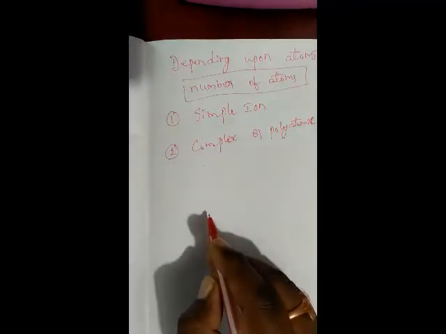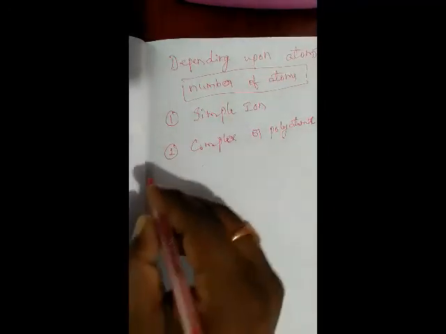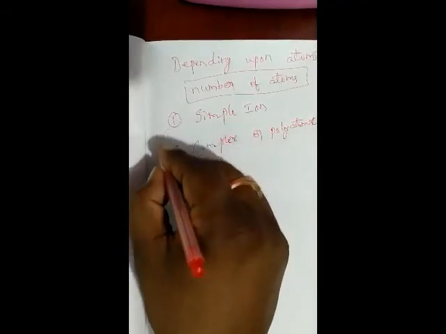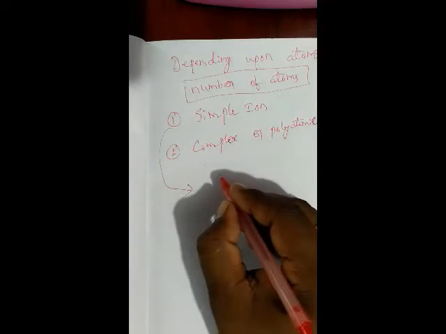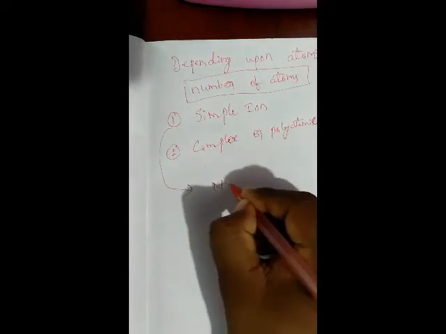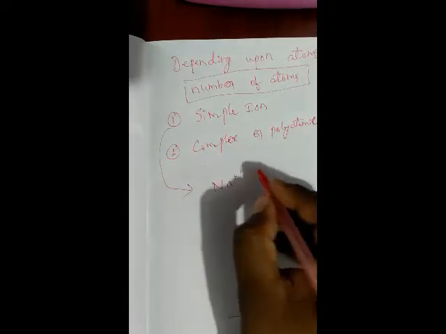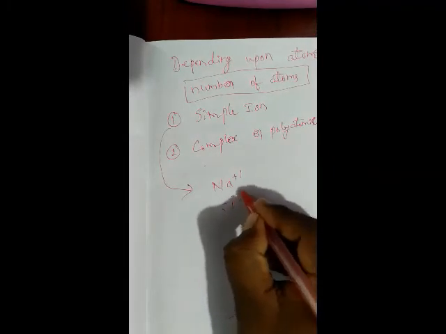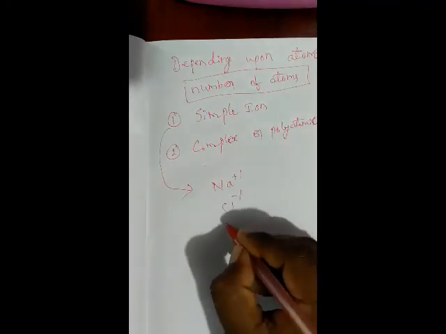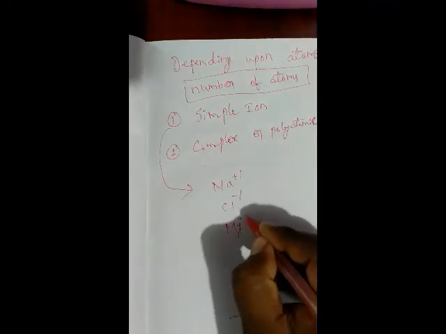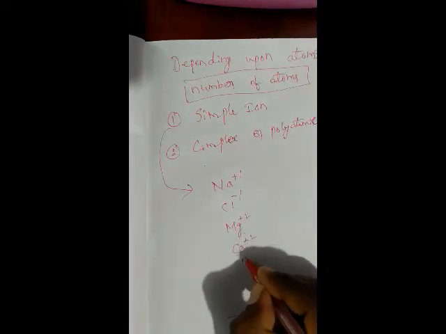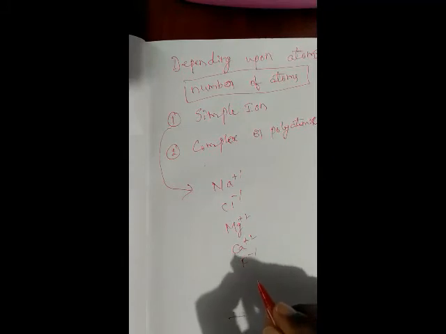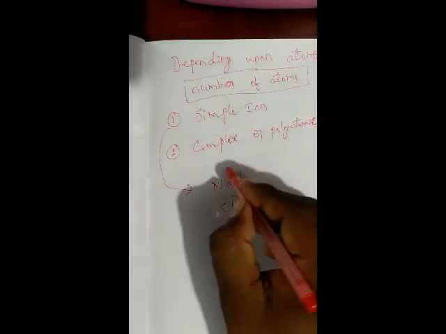Simple ion, for example Na plus 1, Cl minus 1, Mg plus 2, Ca plus 2, F minus 1. All these are radicals.